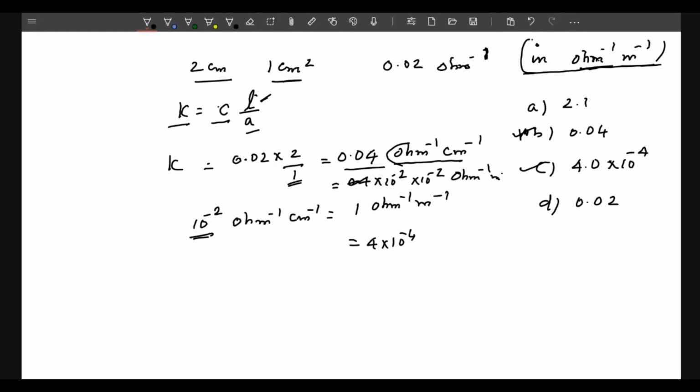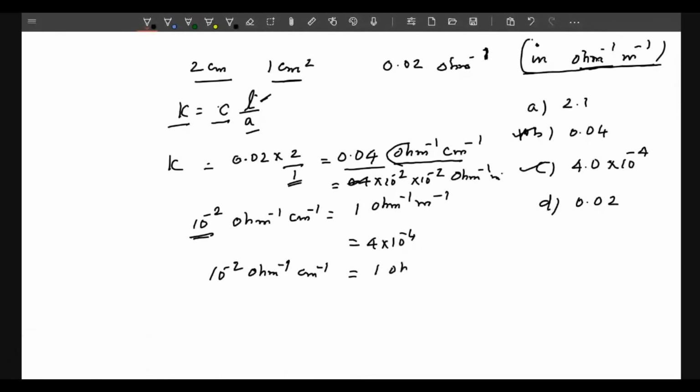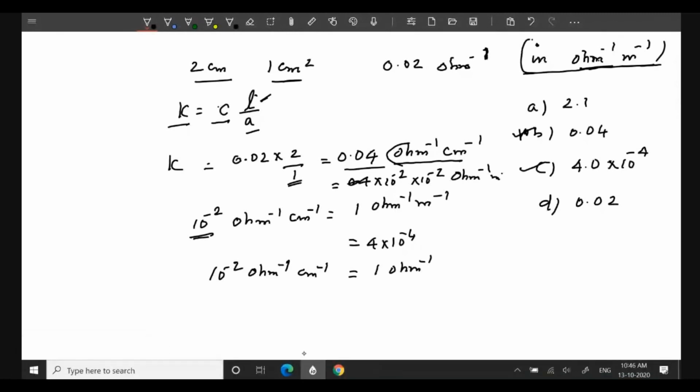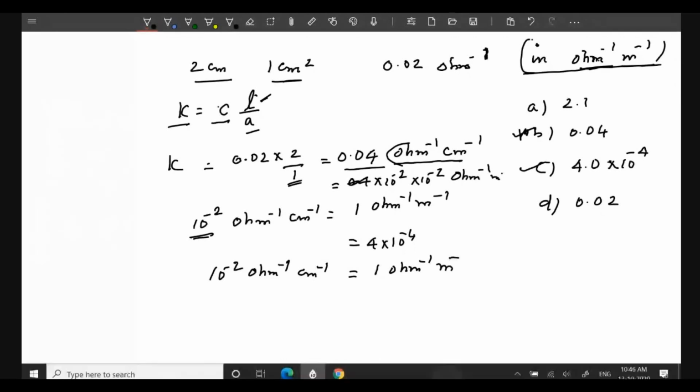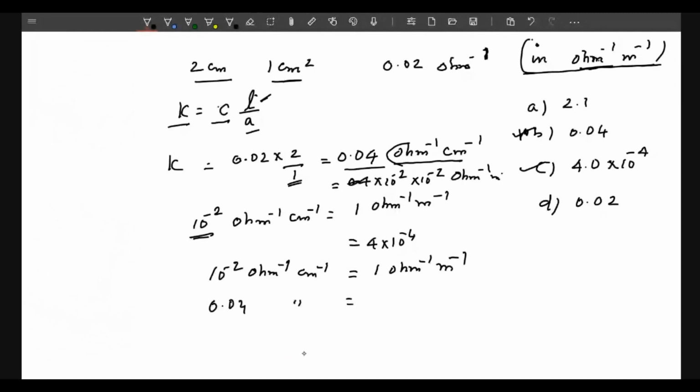Okay. Sir, only 4 will come, 10 to the power minus 4 will not come, sir. One minute, what have we done? 10 power minus 2 per ohm per centimeter is equivalent to 1 per ohm per meter, and 0.04 per centimeter is equal to 1 into 0.04 by 10 power minus 2.